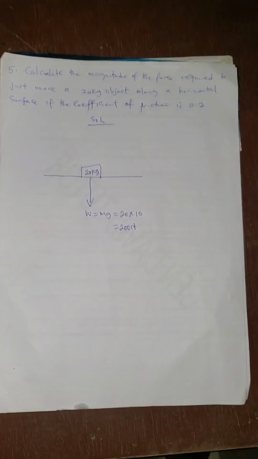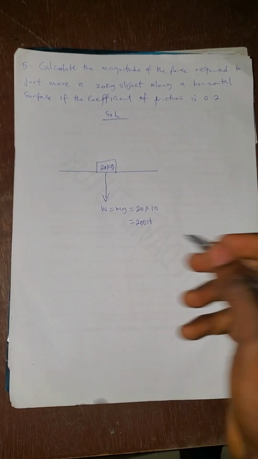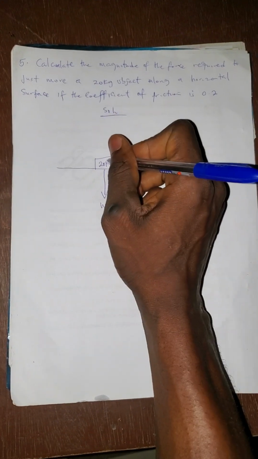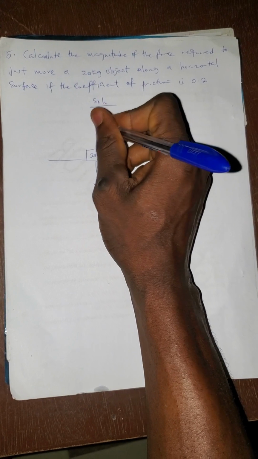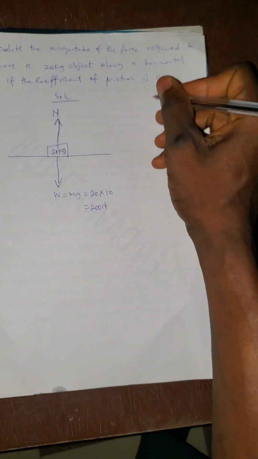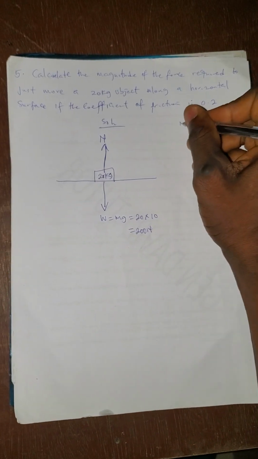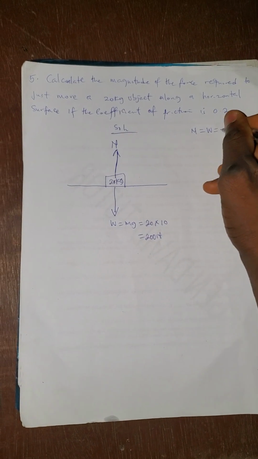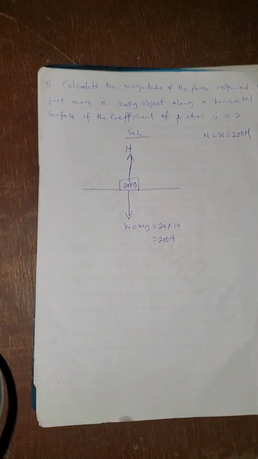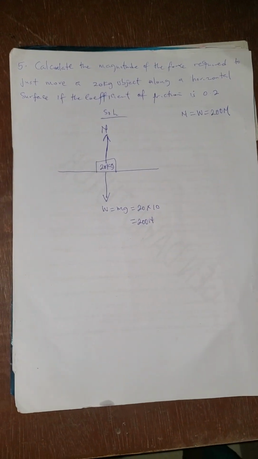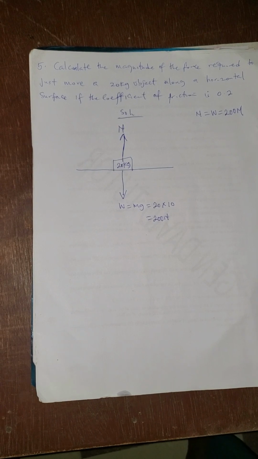Or you can still use 9.8 meter per second square, which is your acceleration due to gravity. Now, you have your normal reaction at the top. Don't forget, the normal reaction is the same thing as the weight, which is 200 Newton, since it is on the horizontal surface.